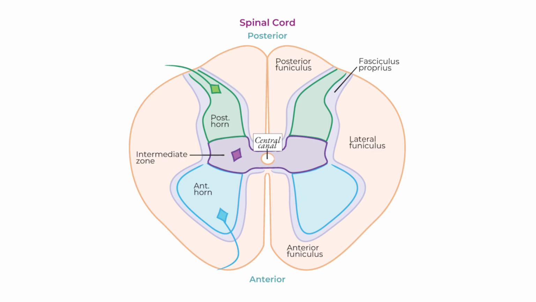On the spinal cord, remember we have horns. There is the posterior horn, also known as the dorsal horn, then the ventral horn, also known as the anterior horn. On the posterior horn, that's where the sensory fibers enter from. Then the anterior horn, or ventral horn, is where the motor fibers are coming from.